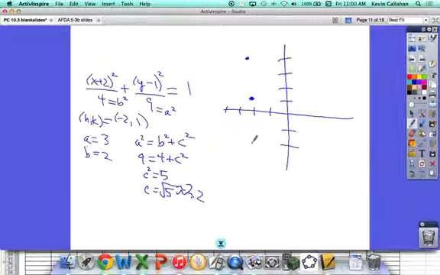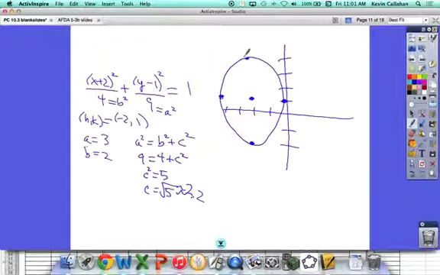What are these 2 points? They're the vertices, right? And then we're going to go left 2 and right 2. Those 4 points give us the sides of the ellipse.